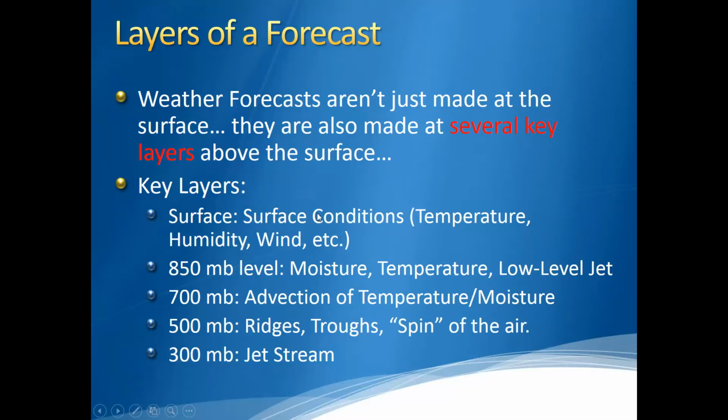So looking at advection aloft can tell us what's going to change at the surface. Then at 500 millibars, we're looking at something called vorticity. Vorticity tells us a lot about the presence of high and low pressure systems, the presence of ridges and troughs, and it can also tell us a lot about lift in the atmosphere: places where air is rising and places where air is sinking. And then finally, the 300 millibar level gives us a good picture of where the jet stream is located.